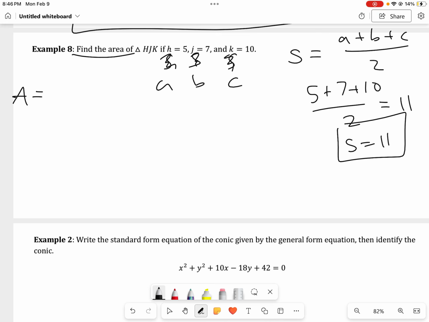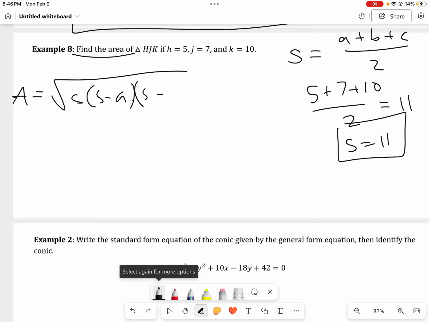Okay. And Heron's formula basically says that area is the square root of S times S minus A, times S minus B, times S minus C. So we're just plugging those values.